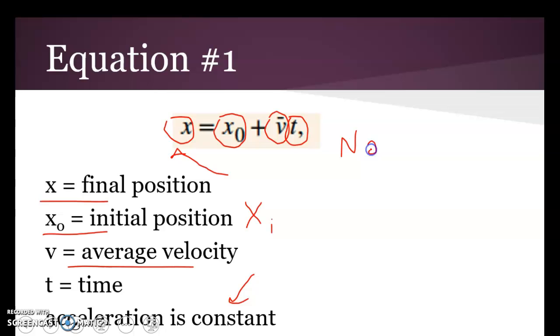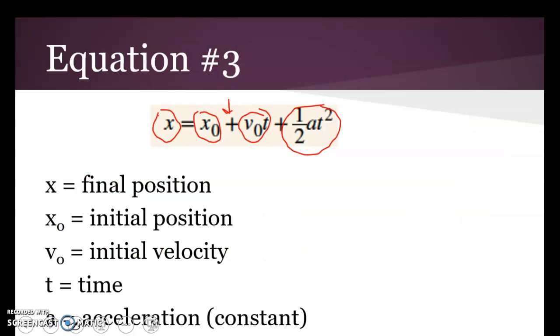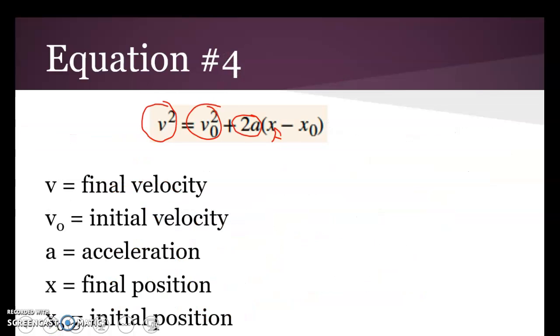There's no x. Now, in equation 3, if you look closely, there's no final velocity, so there's no v, all right? No final velocity known. And in equation 4, as we just saw, there's no time. Knowing this also helps us when it comes to making predictions about which equation to use.